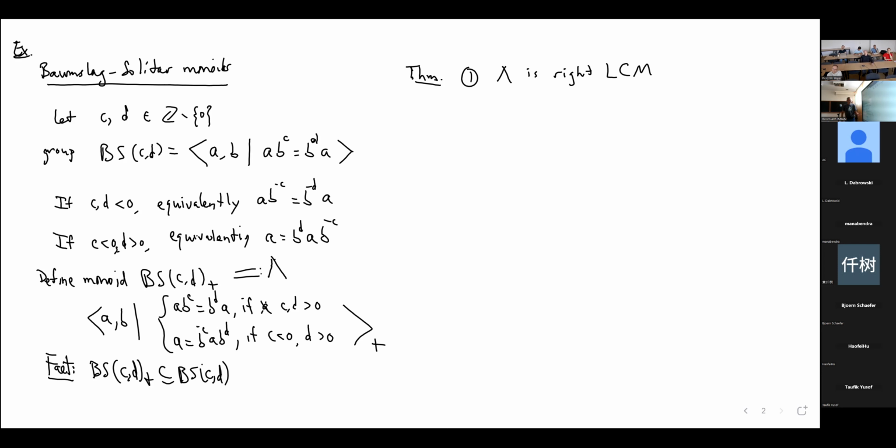If two principal right ideals in lambda have a non-trivial intersection, then the intersection is another principal right ideal. In general, we don't have this graph-like property that in that case, one of them must extend the other. But there is an interesting variation on that.